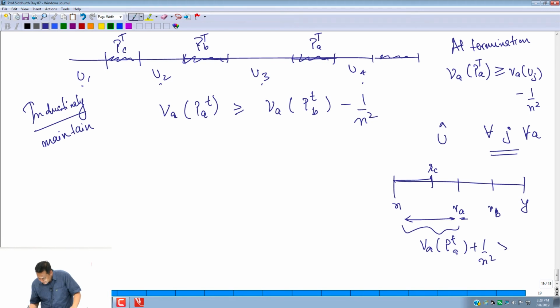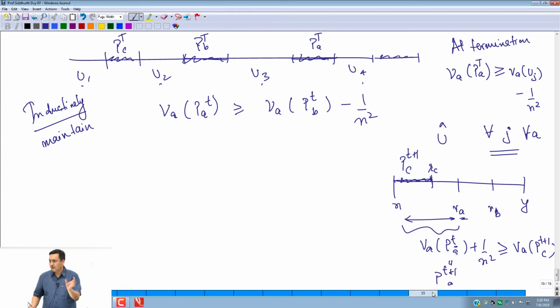So this is in fact greater than VA, so note that PT plus 1 of C, the new piece, this continues to hold. Taking 1 over n square on the right hand side, for A, the PT plus 1 of A is the same as this, the allocation remained unchanged. I inductively maintain this property.